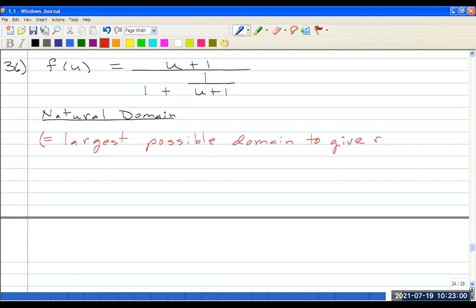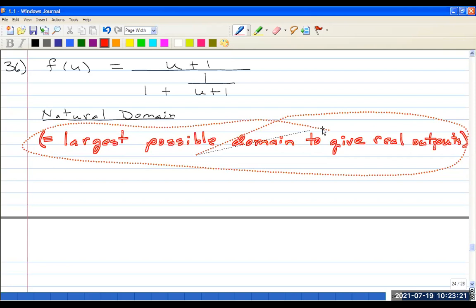real outputs. So we want a real valued function, so the largest possible real valued function. So it's the largest possible domain for a real valued function.